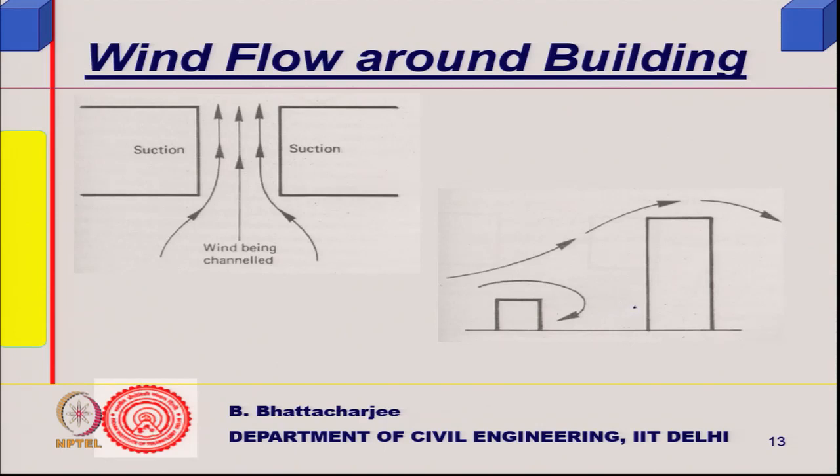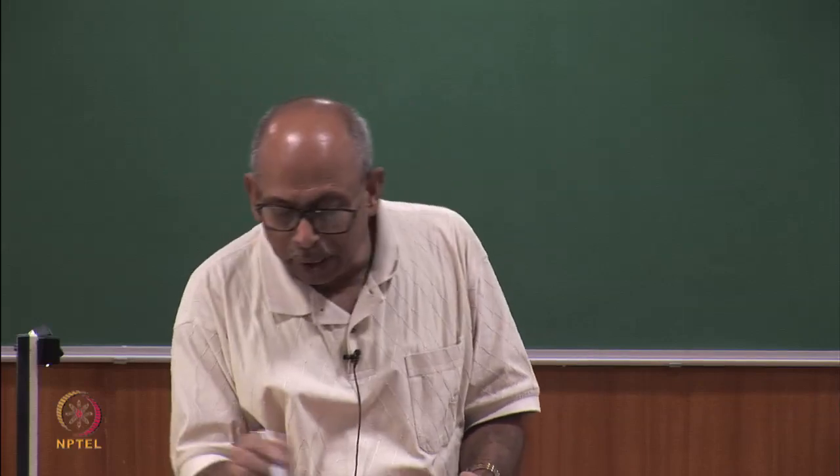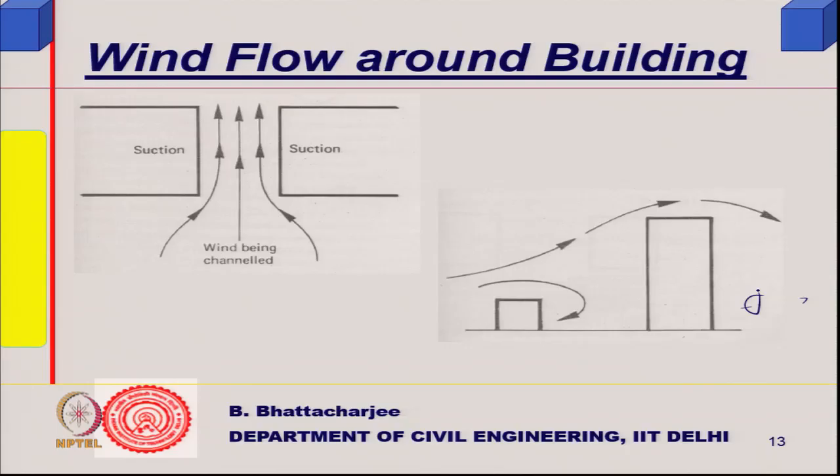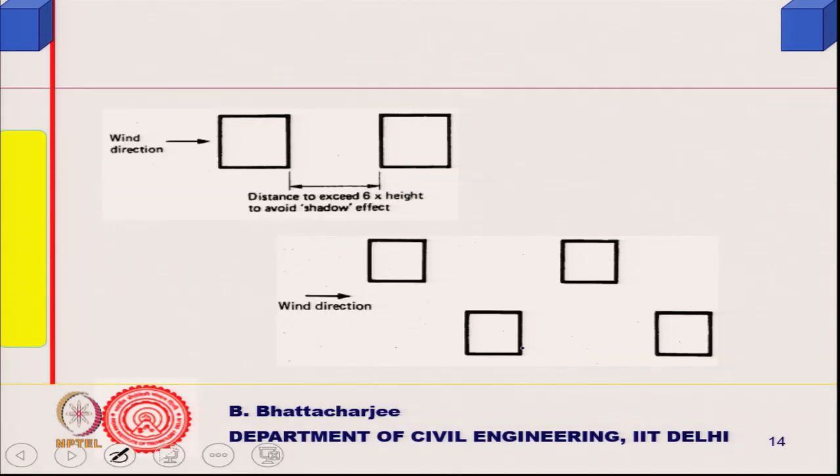If it is too close, you might have some suction here, although the top portion will receive the direct wind. But if the tall building is on the other side, or the wind direction is from this side, then this will be totally shadowed. So, the spacing is 6 times the height to avoid shadow effect.